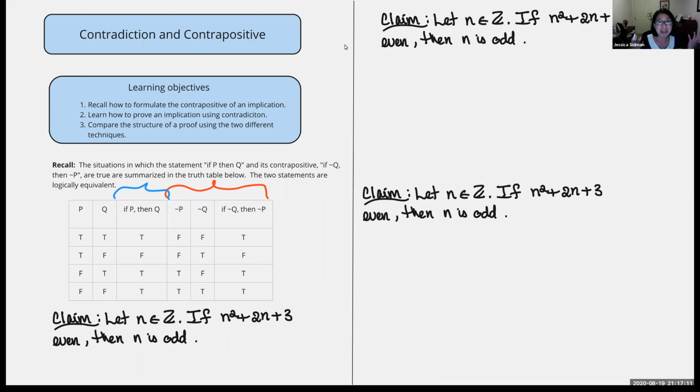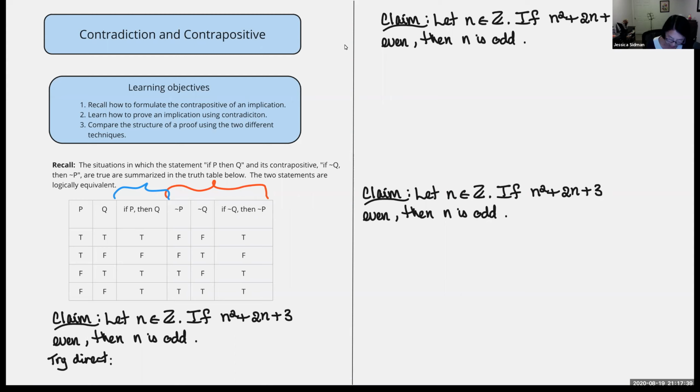So why would I want to do this weird thing of proving the contrapositive? Here's a statement where it seems like it just might be easier. Let's quickly see what would happen if we tried a direct proof. So, try direct. What would we do? The assumption is that n squared plus 2n plus 3 is even.